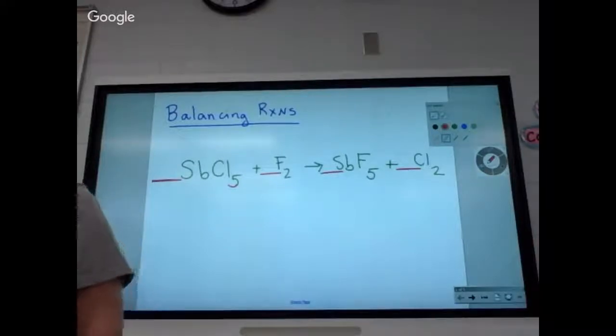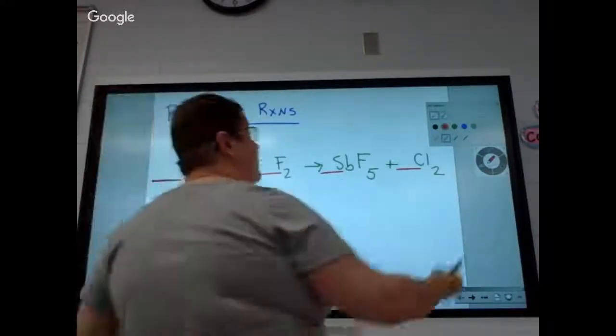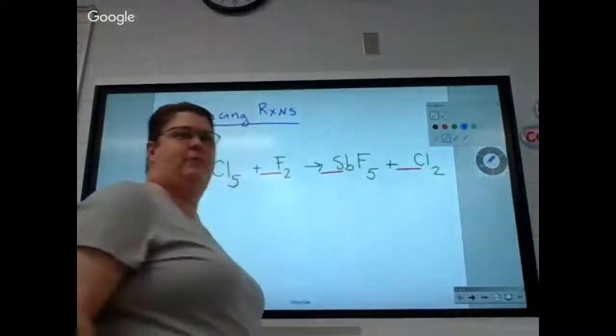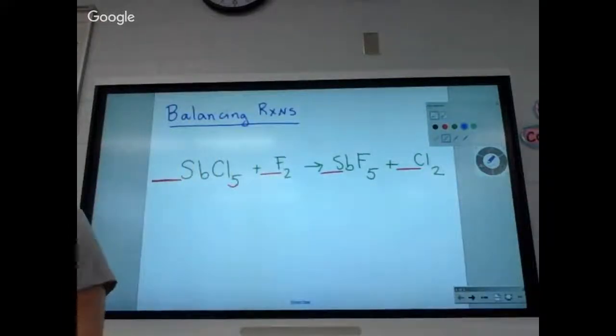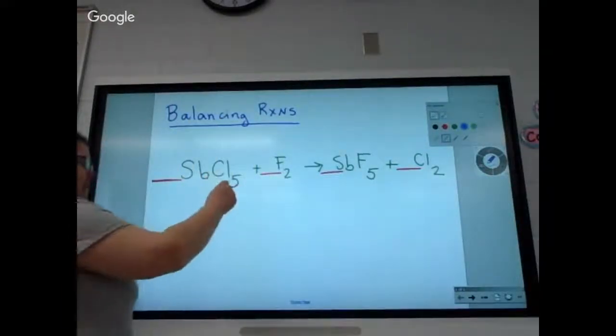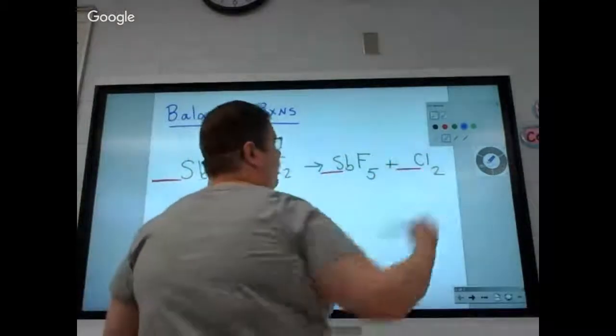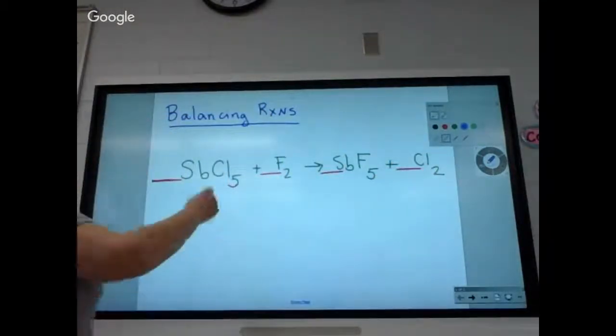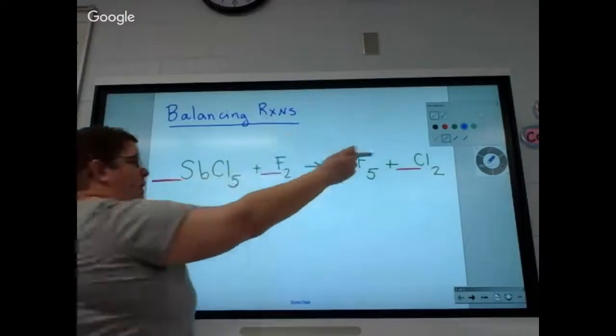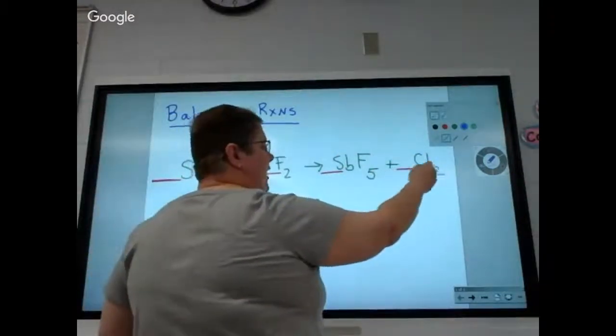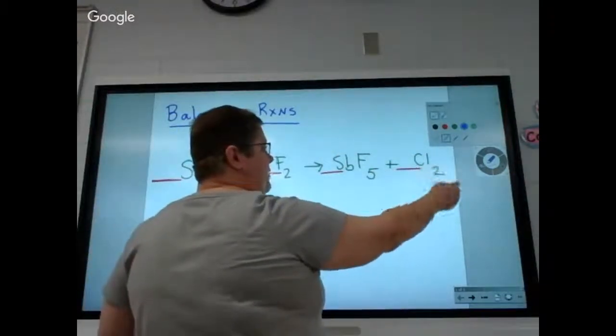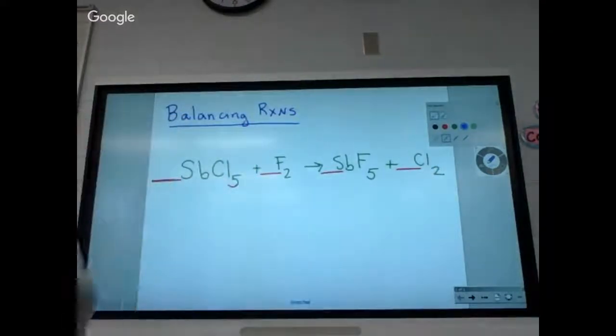That's why I say pick something that has a subscript, because you're going to need to balance it. So if we pick chlorine just because it's got a subscript and 5 is one of the bigger numbers, 5 chlorines, 2 chlorines. Can I get 5 chlorines here to be 5 chlorines on this side? 5 times something, 2 times something to get 5. Anything I can do there to make 5?